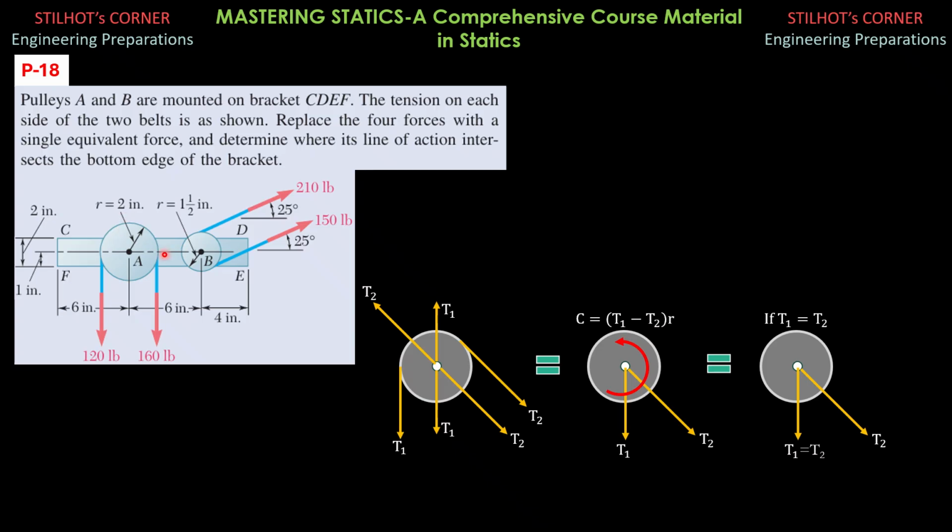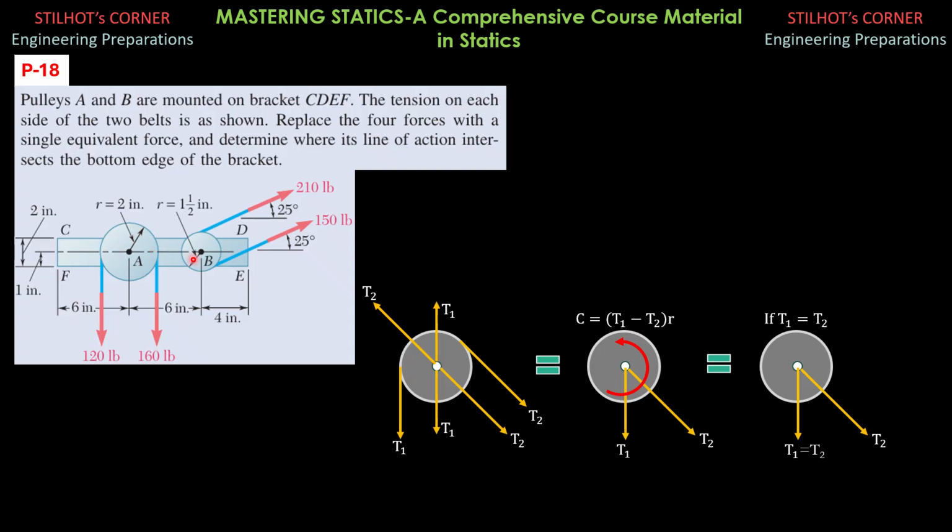So that's why we have 80 pound-inches clockwise. Or the other way, 160 times 2 is 320 minus 120 times 2, which is 240. So 320 minus 240 is 80 pound-inches clockwise.